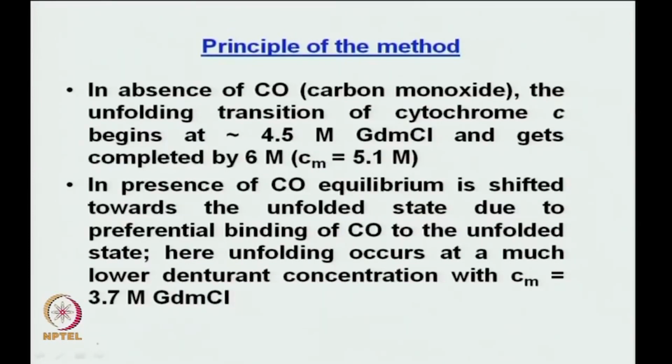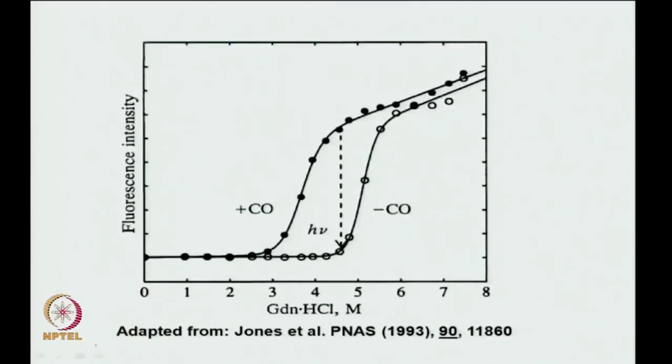Okay. Now, how do you see that in your experiment? See, this is what you are doing. This is the fluorescence intensity. Remember that it is the trip intensity we are looking at, and on the x axis you have guanidinium hydrochloride concentration. There are two curves you are looking at. First, look at this curve.